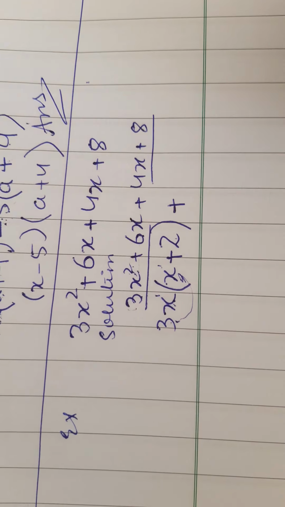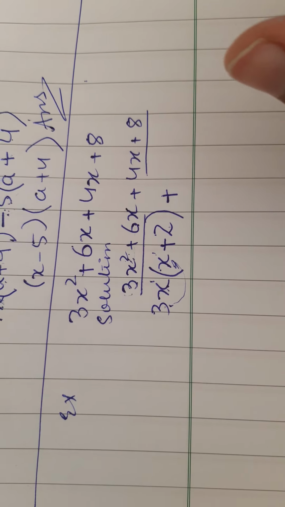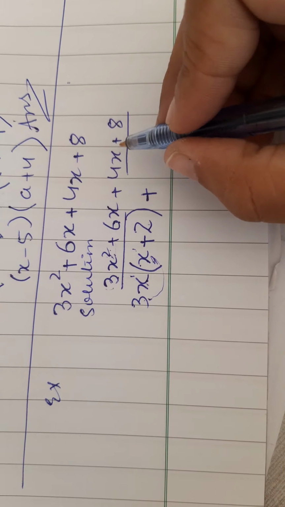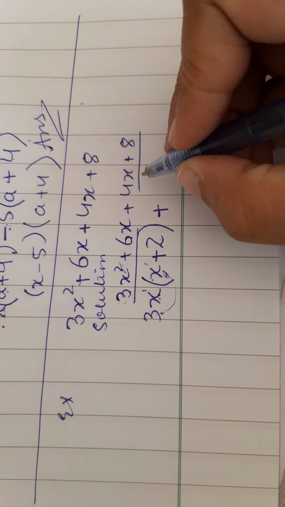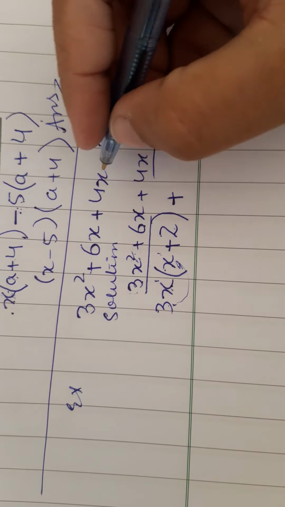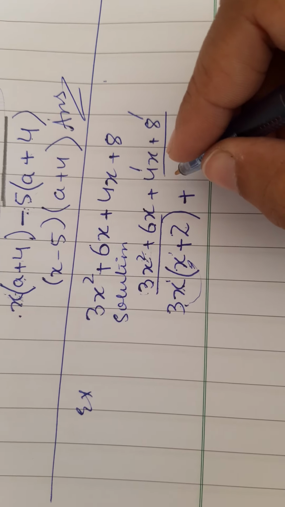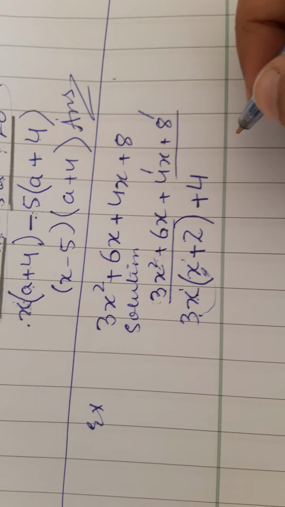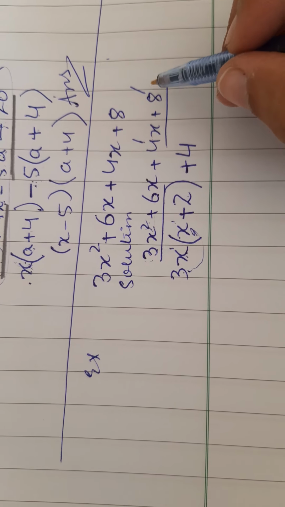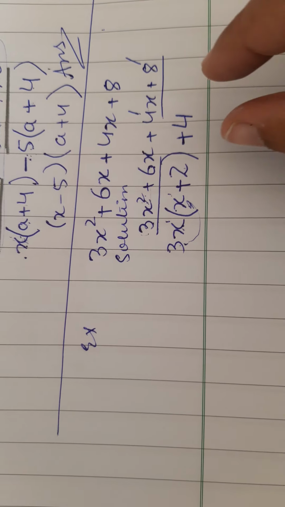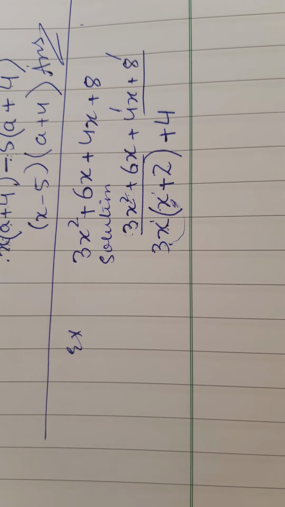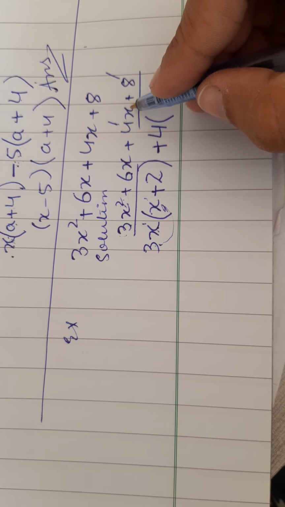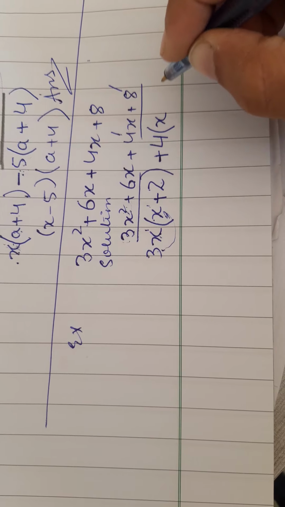Now come here. In the end I will tell you the trick as well. Now you have to find which variable is common. No variable is common here, but we have to find the number which can divide 4 and 8. The number which can divide 4 and 8 is 4. 2 is also a number which can divide 4 and 8, but we need to pick the biggest one, otherwise it will need to be factored again and again. 4 will multiply with which variable that I can get 4x, right?